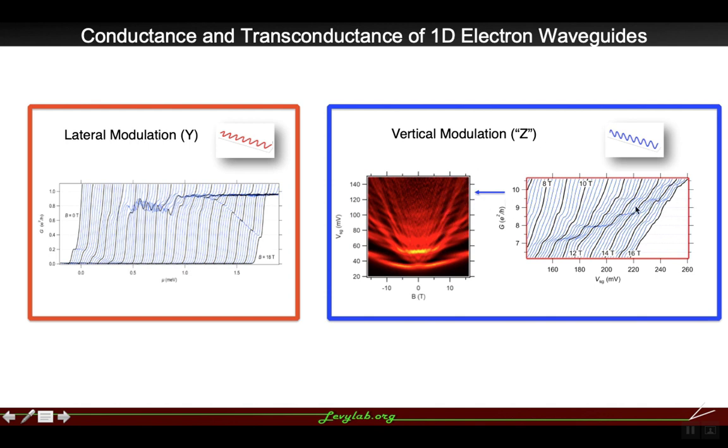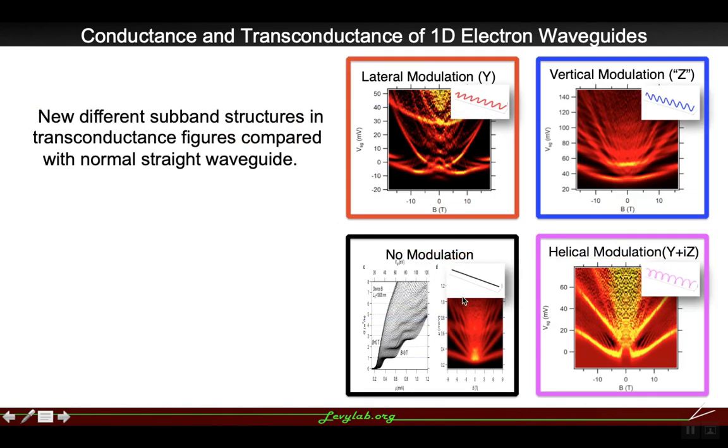We can see some fractured patterns in the transconductance. It's very interesting, and we want to research more. Now these are the compared transconductance figures with the straight guide, and this is helical. You can see it also offers some fractured patterns.